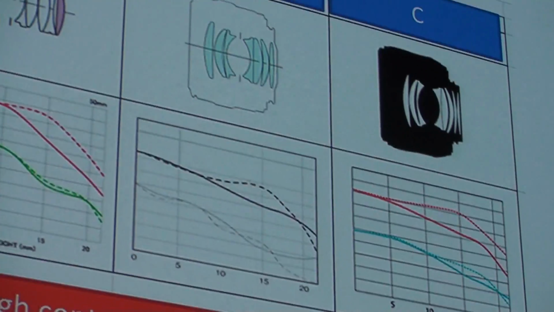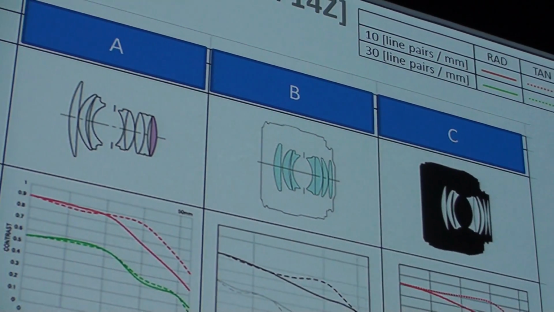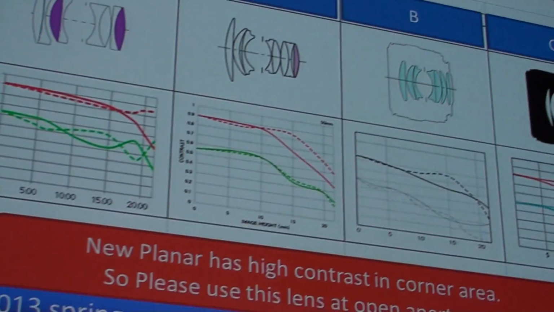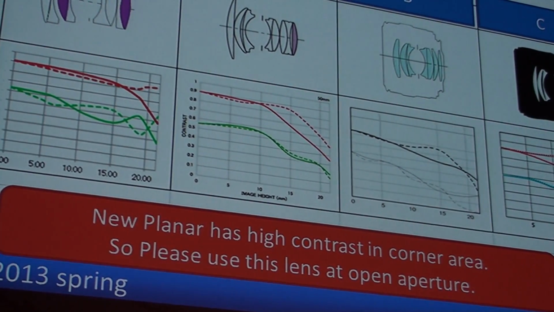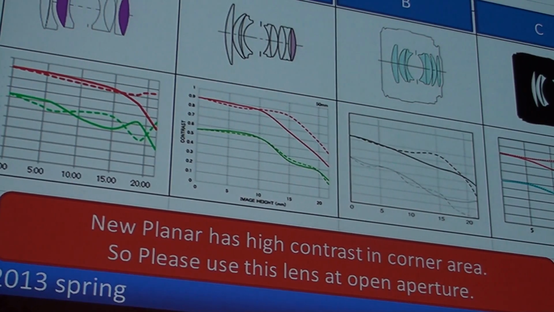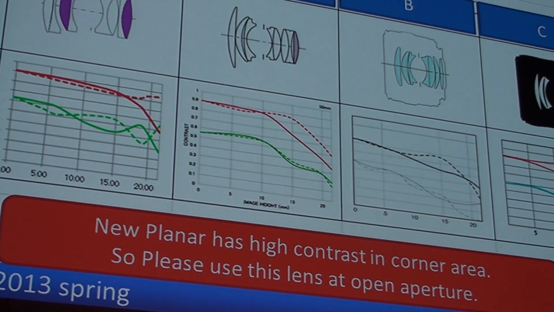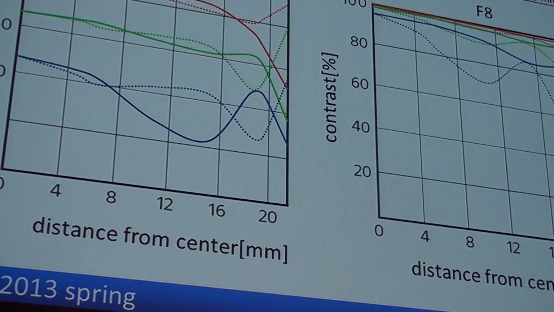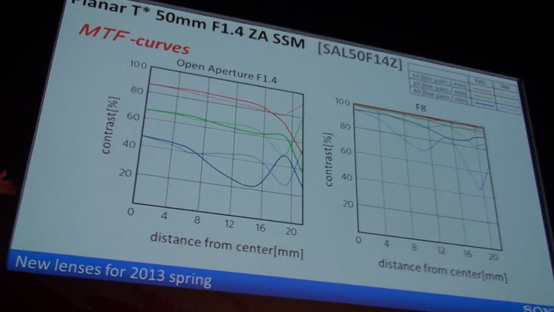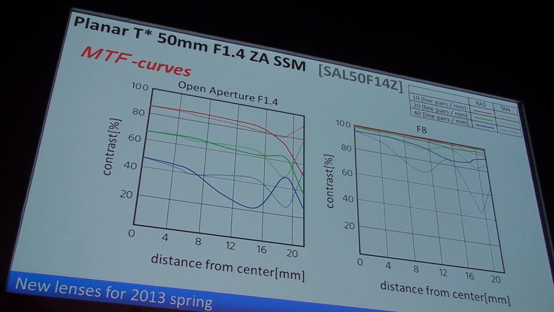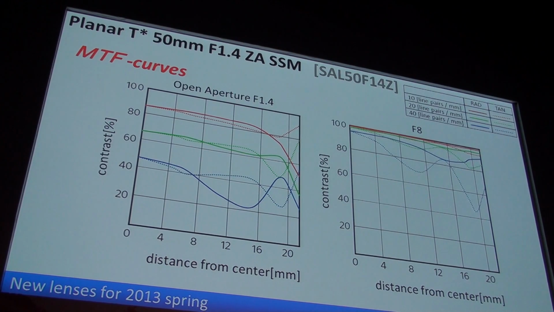We think that the new lens has a high contrast in the corner area, so please use this lens at open aperture. And this graph is shown on the website.